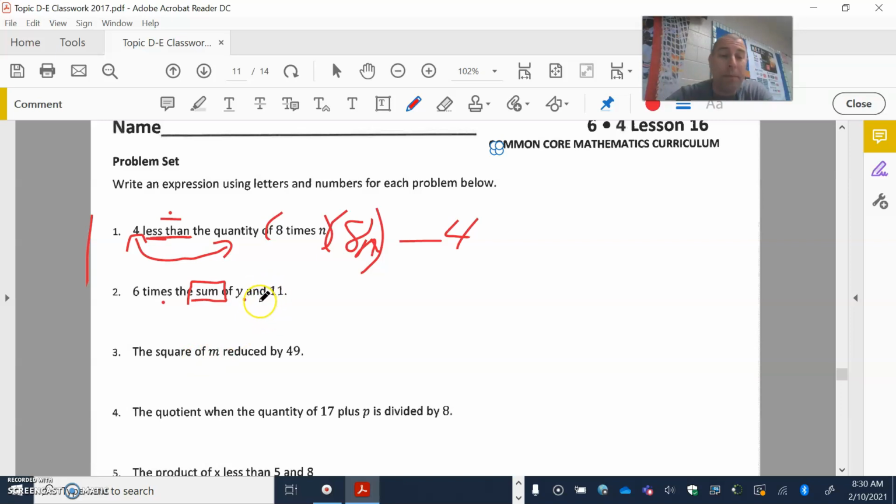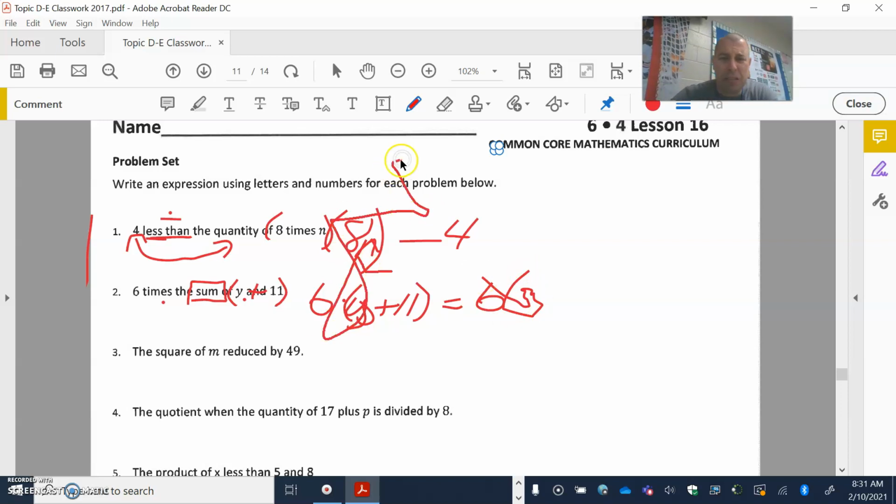That's going to be the operation there. So because it's sum, it means to add. That's where my addition sign is going to be. It also means parentheses as well, so this is a package deal. You cannot separate it. So 6 times, and then y plus 11. Typically when we do this, we just put the number right up against the parentheses.